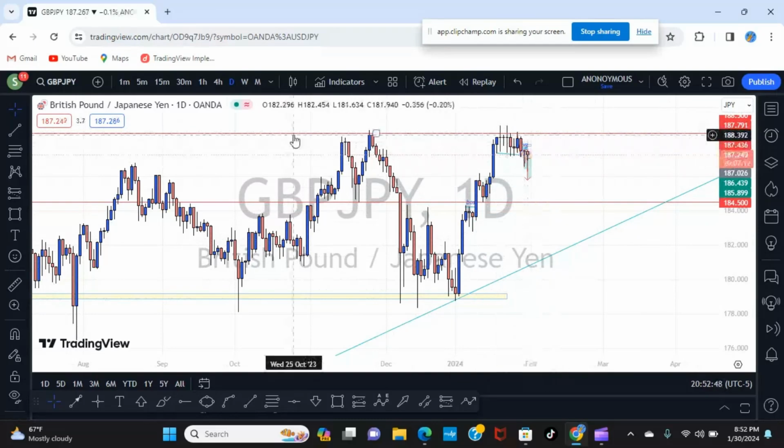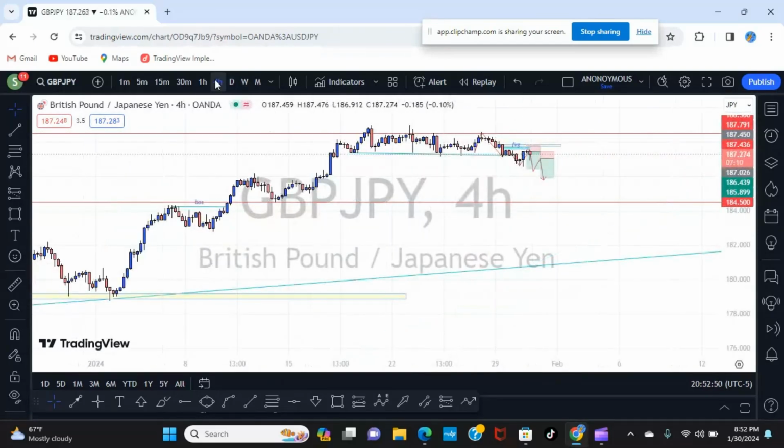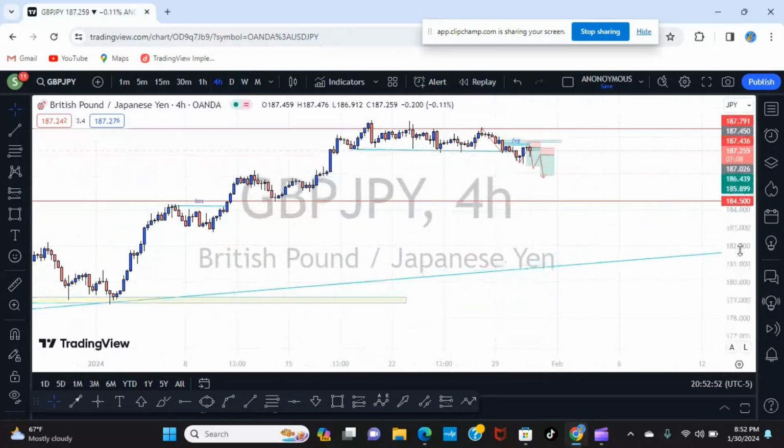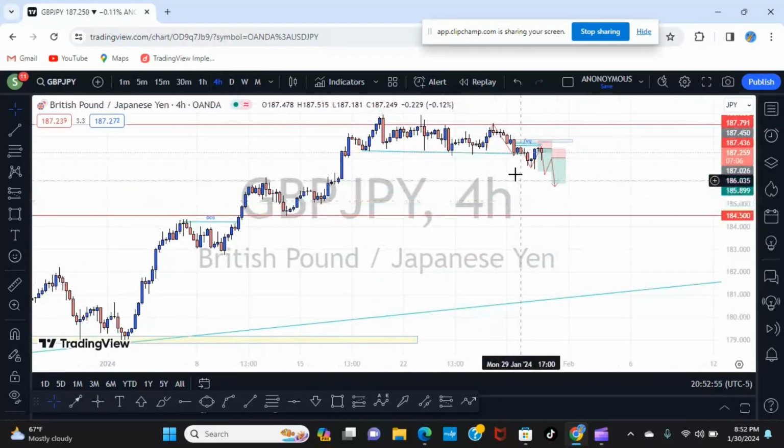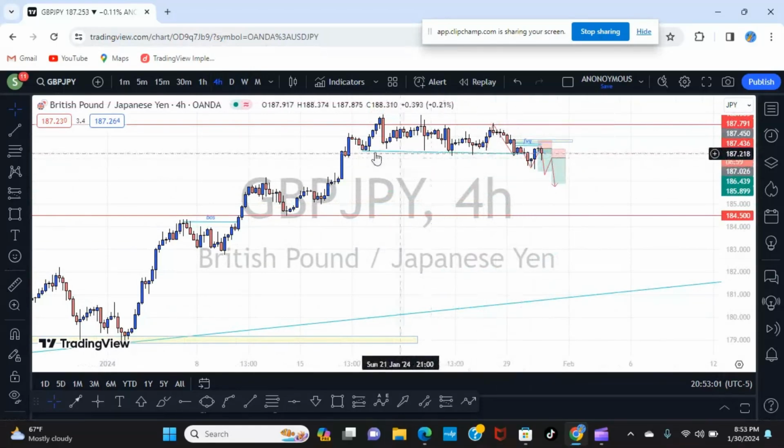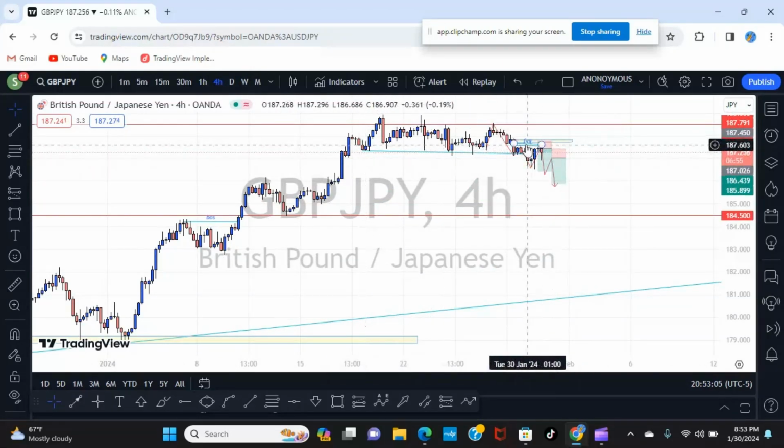And now we go on the 4 hour time frame again. We observe what the market is doing on the 4 hour time frame. We notice that the market is creating a downtrend. So we have a breakout structure. The last low was broken out, and a pullback to this fair value gap or supply level.